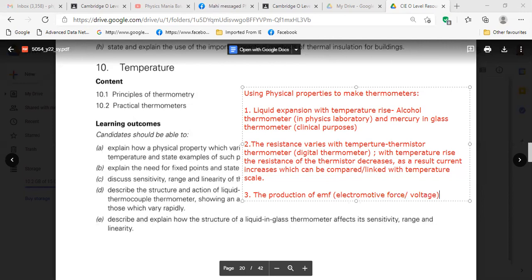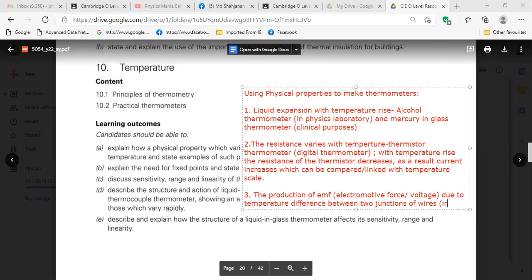The production of EMF due to temperature difference between two junctions of wires: two junctions of wires, iron and copper.